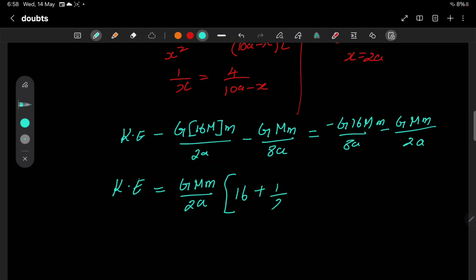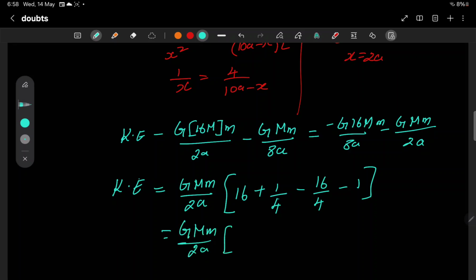I will get 1 by 4. So taking GMm by 2a outside I will get 16 by 4. At the same time here, taking GMm by 2a, minus 1 only will be there. So this is what your GMm by 2a is.